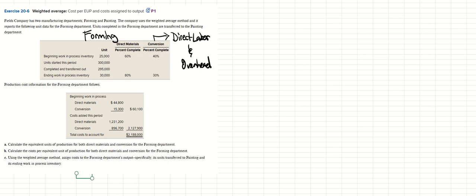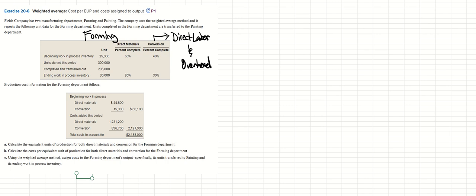Conversion relates to direct labor and overhead because, well, you have direct materials. Without anyone assembling the materials into their finishing condition, they're just going to be sitting there. So you need to convert those raw materials into their finishing condition.